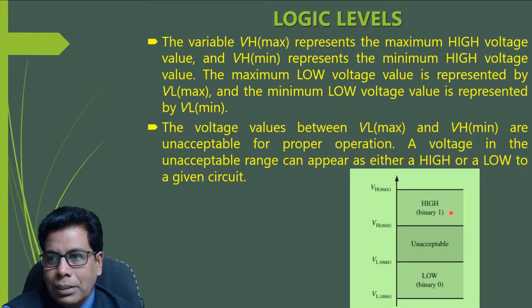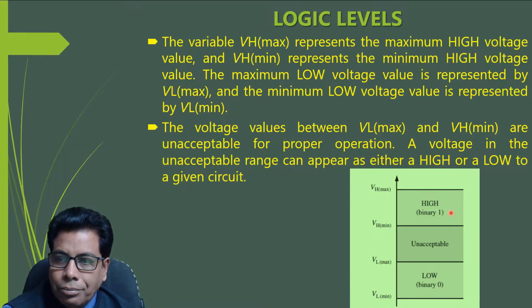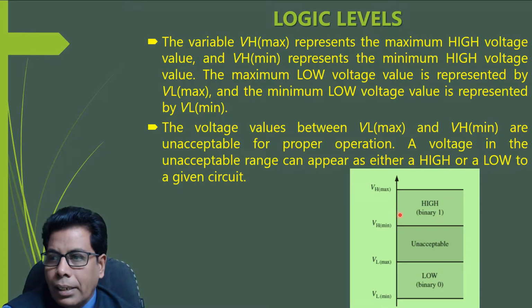For example, for CMOS, complementary MOS, high input values are 2 volts to 3.3 volts, and low input values may range from 0 to 0.8 volts.